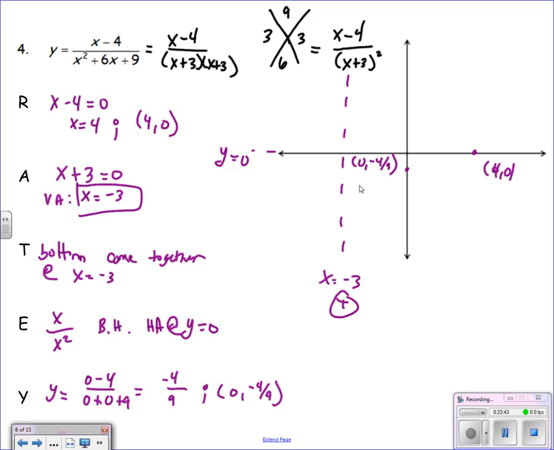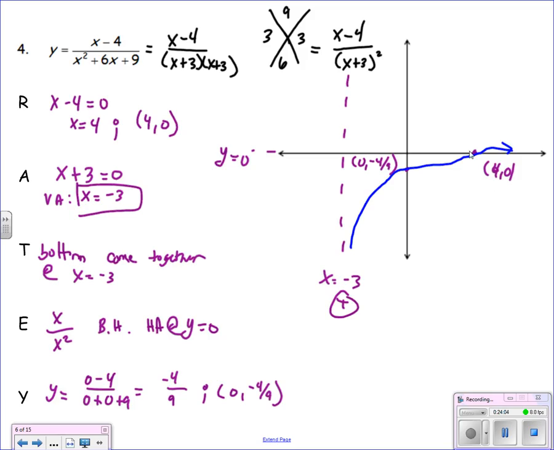However, listen clearly, a graph will never touch a vertical asymptote. Again, this is a rare case where we touch a horizontal, but we will never touch a vertical. So there's that piece.